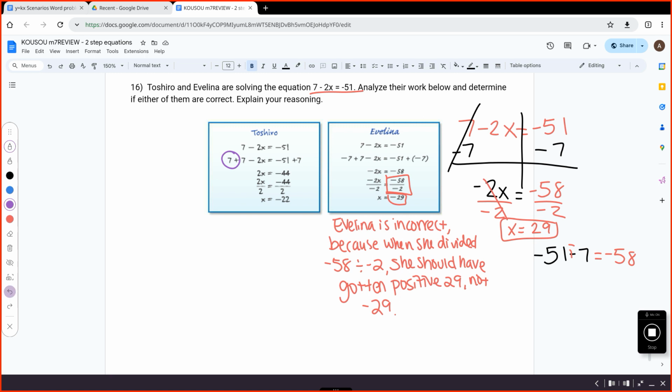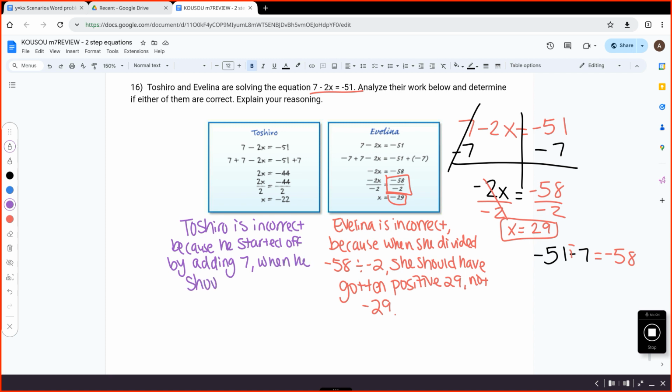So we're going to say Toshiro is incorrect because he started off by adding 7 when he should have subtracted 7 on both sides.